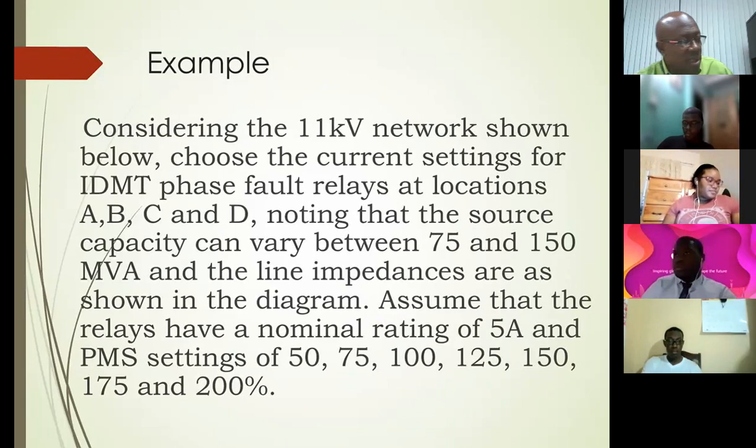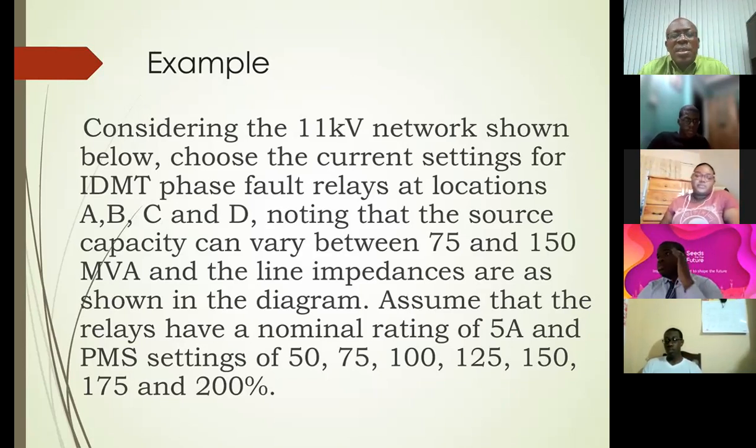So we have an 11 kV system, and obviously at that voltage we're dealing with a distribution line. And obviously, we know we operate at 24 in Jamaica, but the point I'm making is that it's a distribution line. The task for us is to choose the current settings for the inverse relay at the 4 locations.